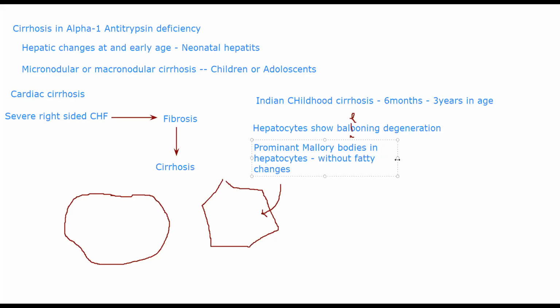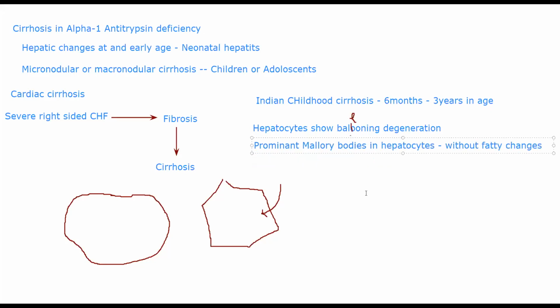Mallory bodies are a special type of protein bodies that are generally seen in extensive liver damage. So they also appear in hepatitis sometimes, not always, but in some cases of chronic hepatitis or in some cases of severe acute hepatitis, small protein inclusions will be seen inside your hepatocytes and in your liver. Those protein inclusions are called Mallory bodies.